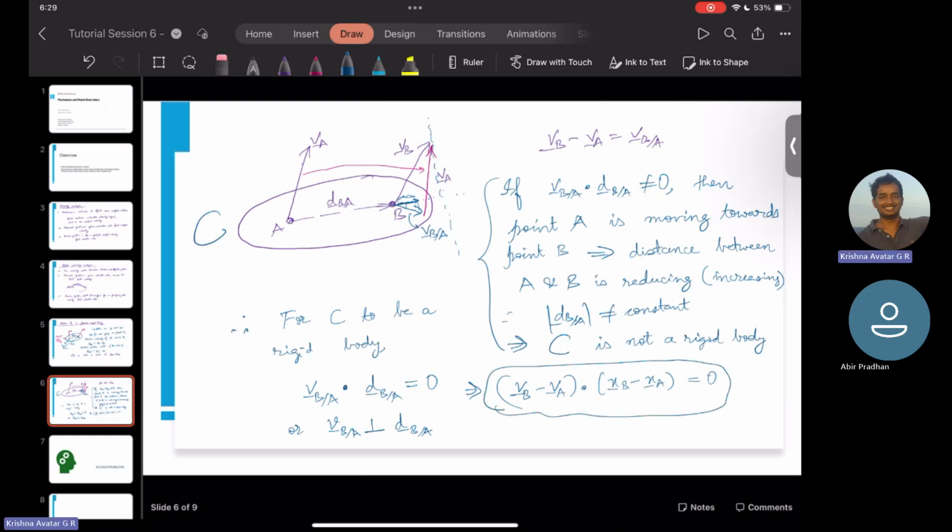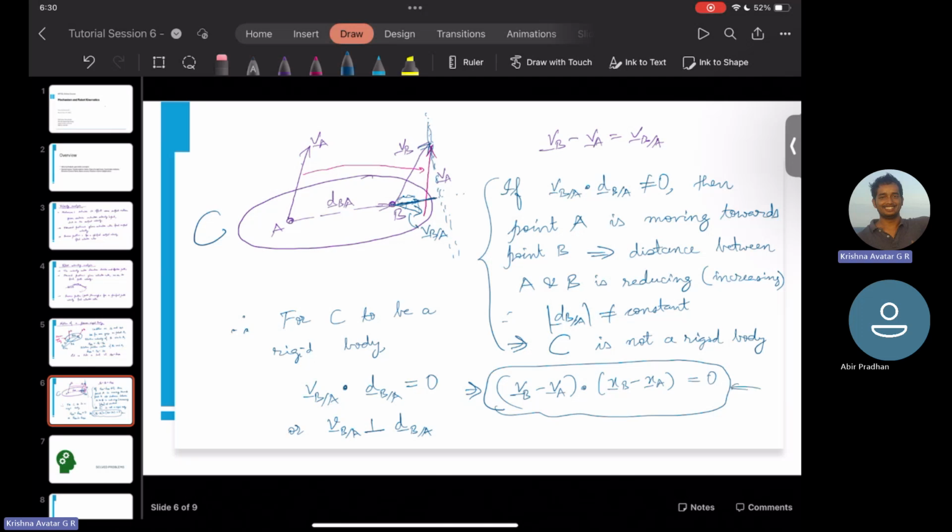VBA cannot be arbitrary, it has to satisfy this relation. And it is satisfied if it lies on a line perpendicular to this vector dBA, and if the velocity vector head of B lies on this line, then we'll be able to satisfy this condition.